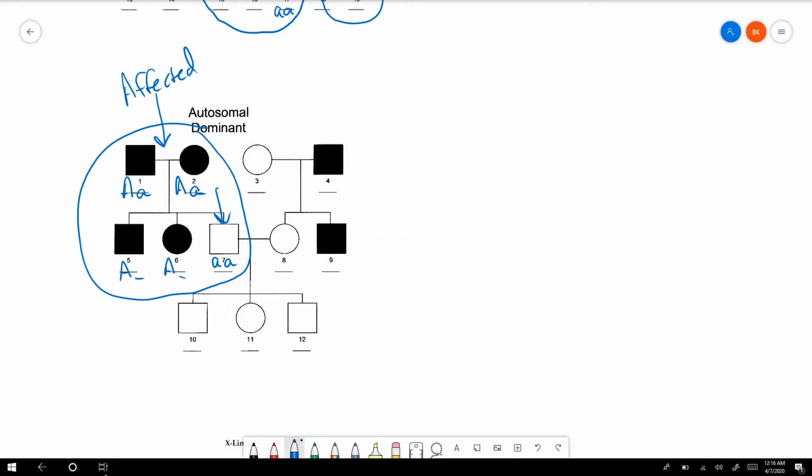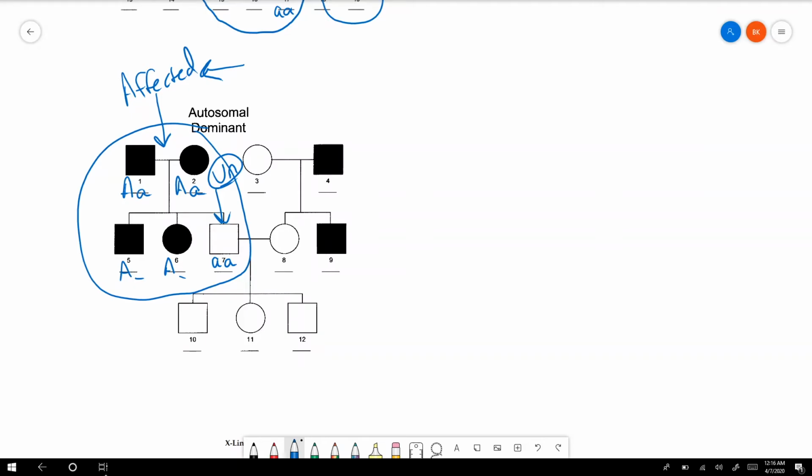So what are we looking for with dominant? Affected parents have an unaffected offspring. The other thing, of course, is you don't see the skipping of a generation. If you see the skipping of a generation, then that's a key that it can't be dominant, right?